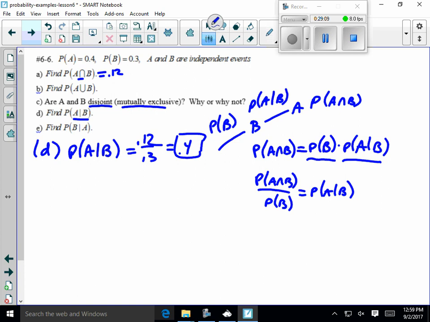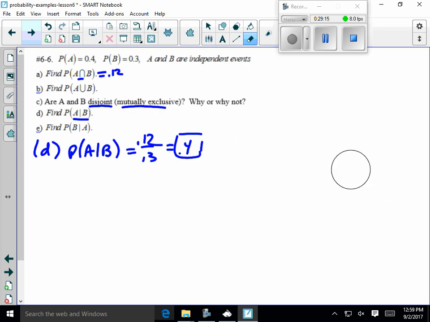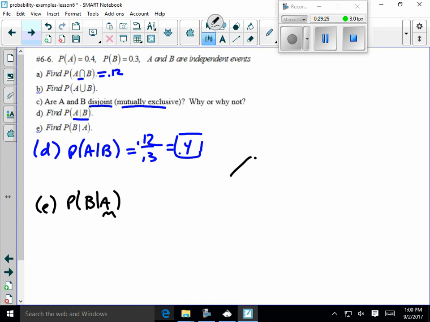Okay, for the second one there, I'm going to do that similarly. If I'm trying to find the other conditional probability, the probability of B given A, then A is the condition, so it should be first, and then B. This would be the probability of A. This is the probability of B given A, and this is the probability of A and B happening, right?